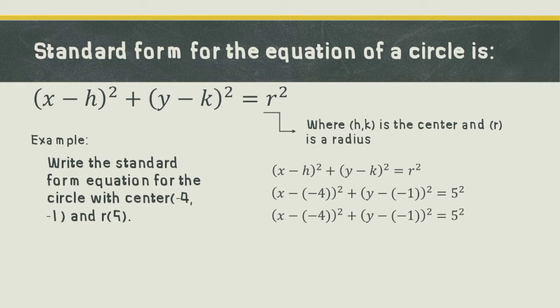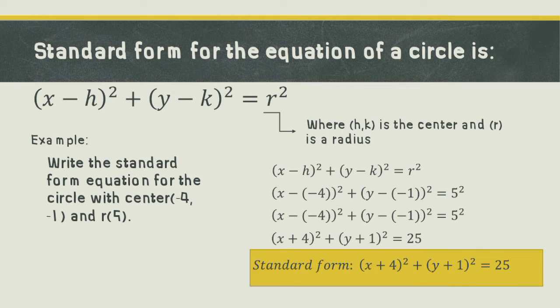So, we have x minus -4 squared plus y minus -1 squared equals 5 squared. Negative or negative, we have positive because we just multiply. So, we have x plus 4 squared plus y plus 1 squared equals 25. Therefore, the standard form of this equation is x plus 4 squared plus y plus 1 squared equals 25.